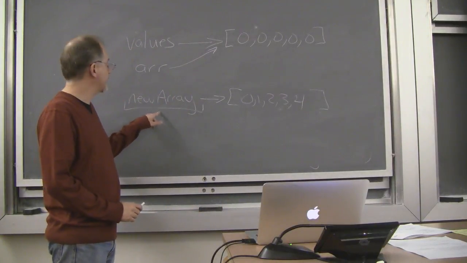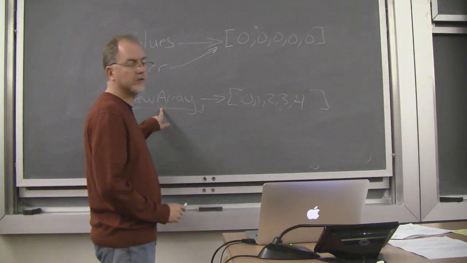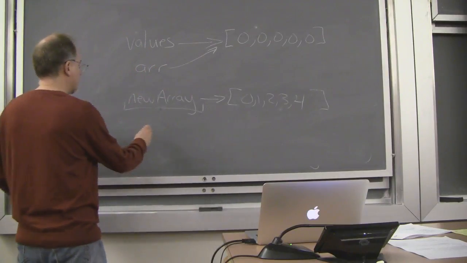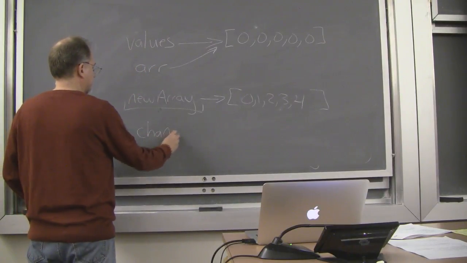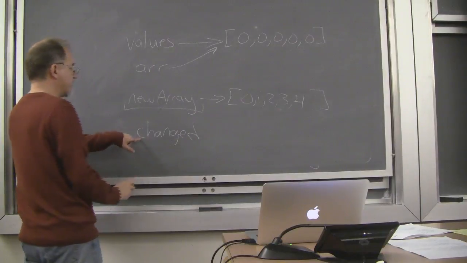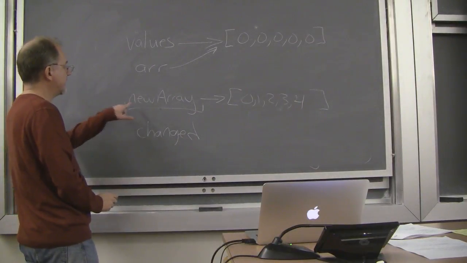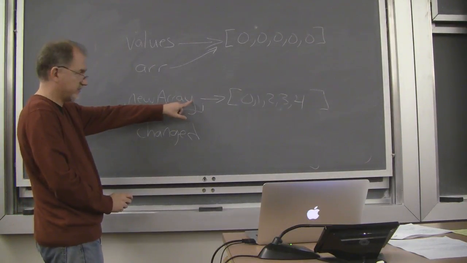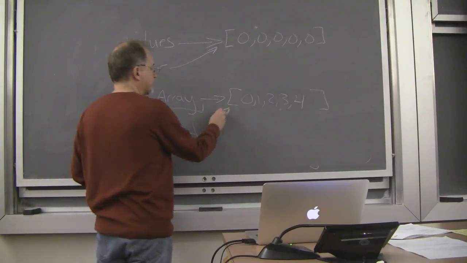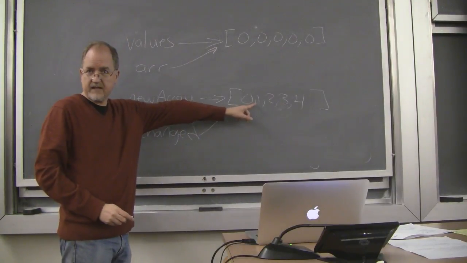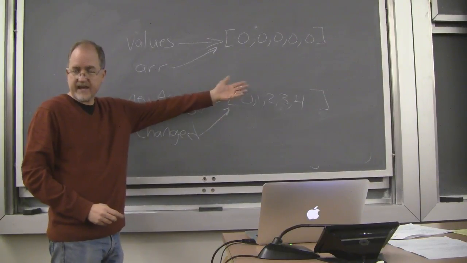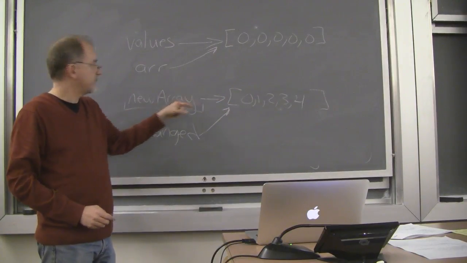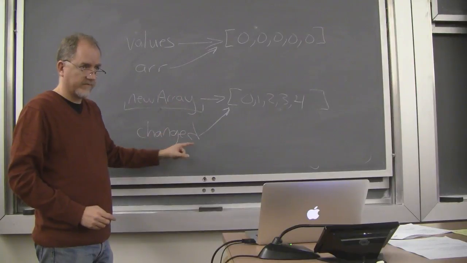And we assign this reference to something new called changed. So this is another array reference. It gets the value of this reference. And so it also references this object that was made in the other method. But we basically managed to pass that array out of the method by copying these references here.